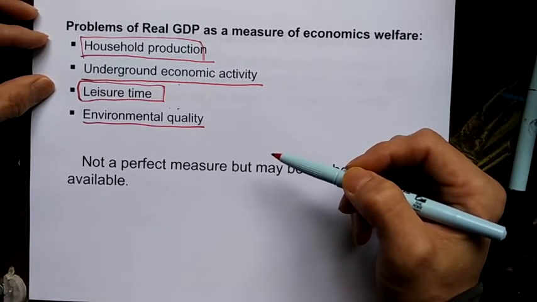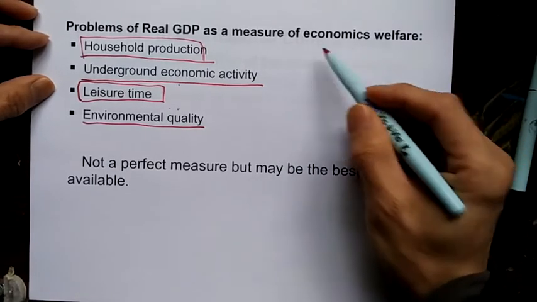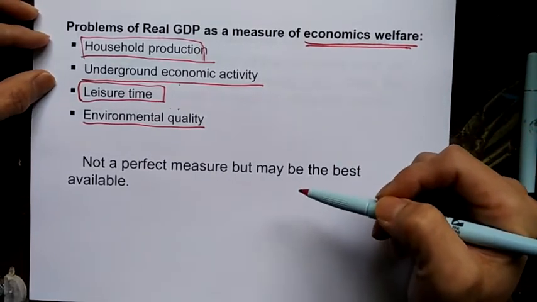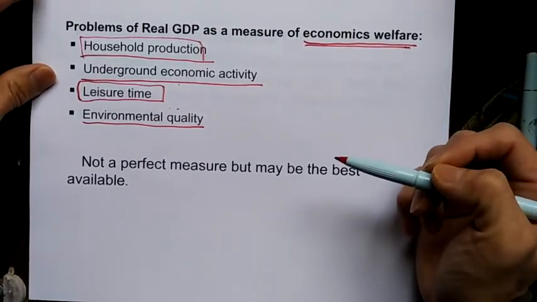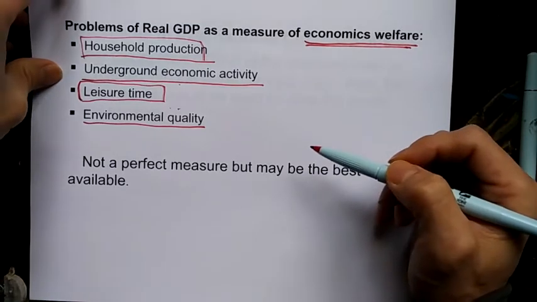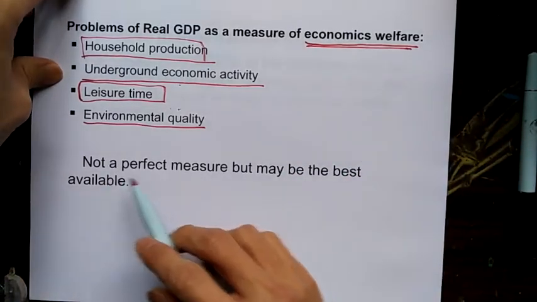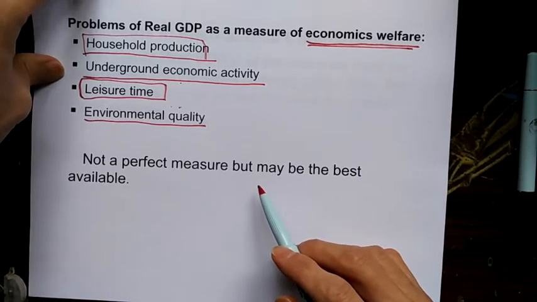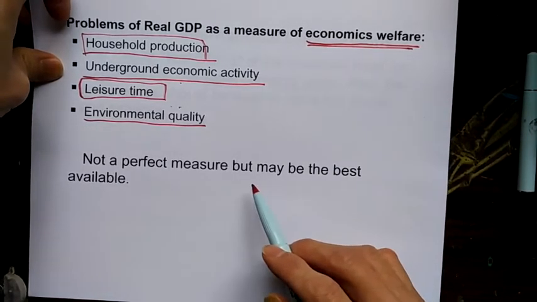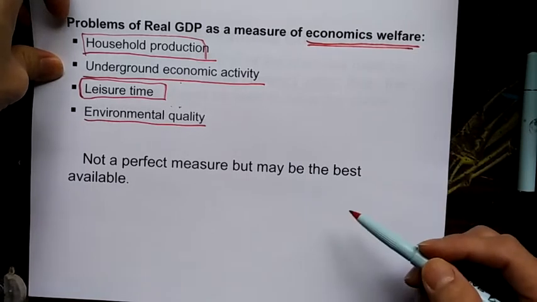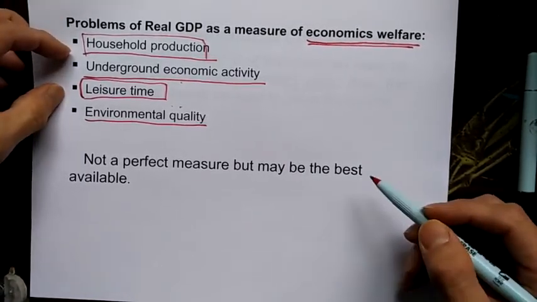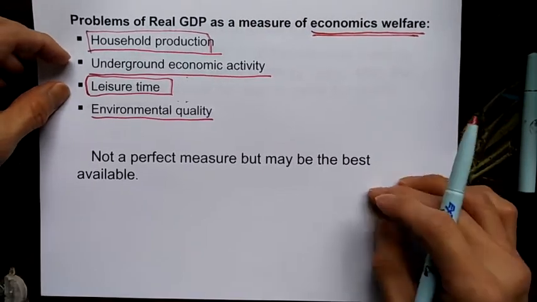Therefore, even though their real GDP is growing like crazy, the economic welfare is overvalued by their real GDP. So nominal GDP and real GDP are not perfect measures of the quantity of the aggregate market, but they may be the best available and the most popular ones. You can see that in newspapers, on the internet, all over the place.